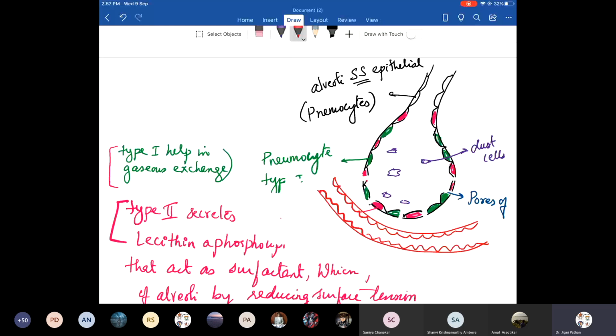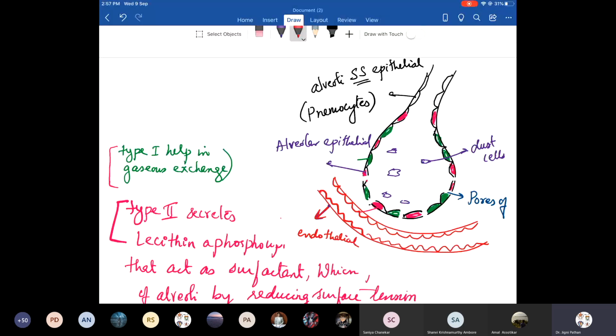Now, what is the first barrier? The first barrier is the alveolar epithelium. Then the second barrier, which one is it? This is the endothelium of the blood vessels. And what is the third barrier?